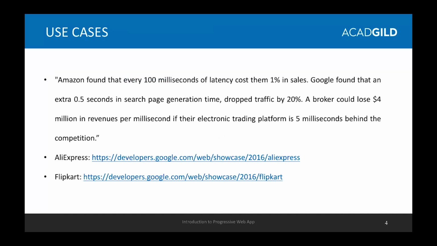Now, to talk about certain use cases wherein progressive web applications fit in, this is Amazon's study. If there is 100 millisecond latency, it is going to cost 1% in sales. That means your applications have to be so fast that you cannot take the risk of even a 100 milliseconds.